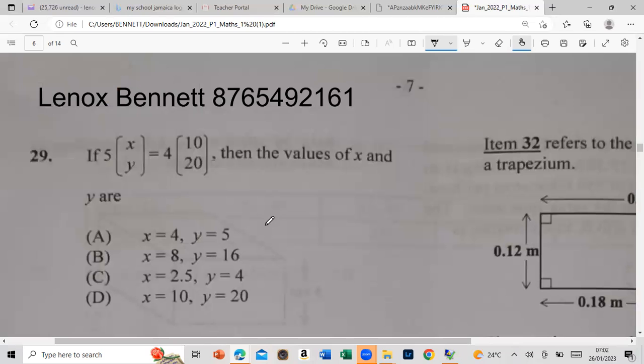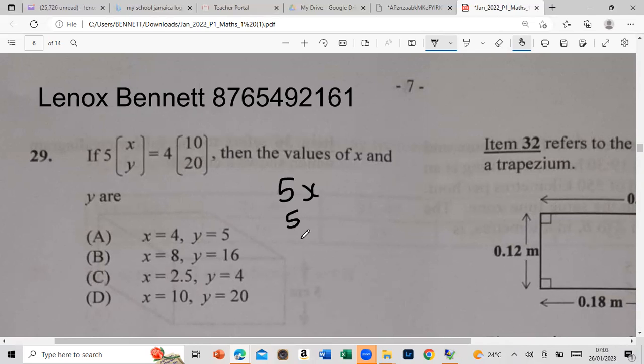It says if 5 bracket x, y is equal to (4, 10, and 20), then the values of x are, alright, so it said this must equal to this. So first of all, let us work out this. This part would be 5 times x, so that's 5x, and this would be 5y.